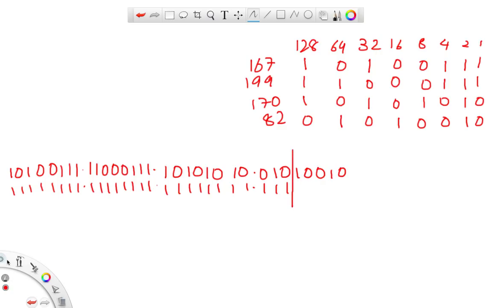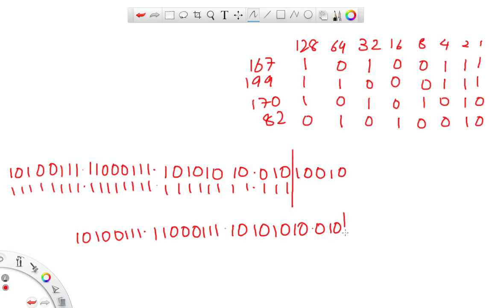There you go. So what is the first address in this case? You take all of this as it is: 10100111, 11000111, 10101010, and 010. This is your network part. You're going to put 1, 2, 3, 4, 5 zeros.